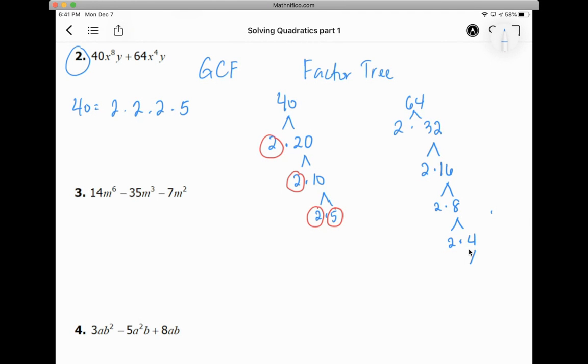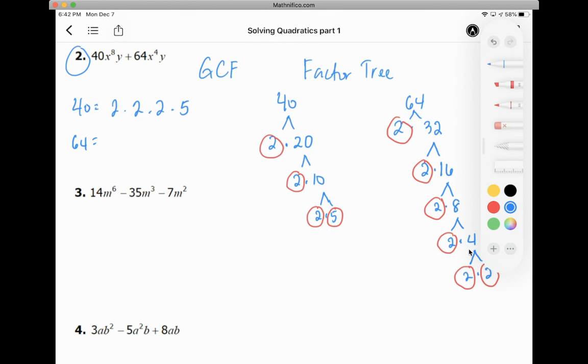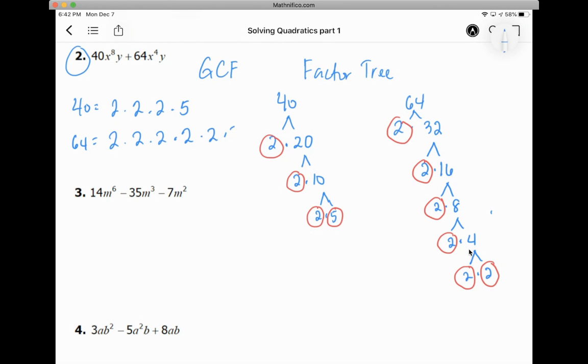And I could still divide 4 by 2, so that's 2 times 2. So I'm done. What are my roots? My 64 gives me 2 times 2 times 2 times 2 times 2 times 2.